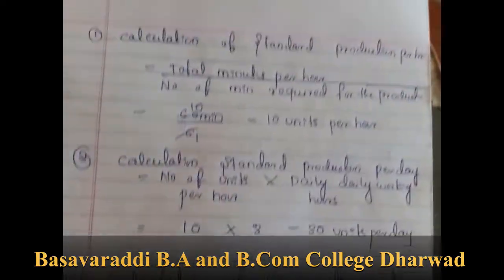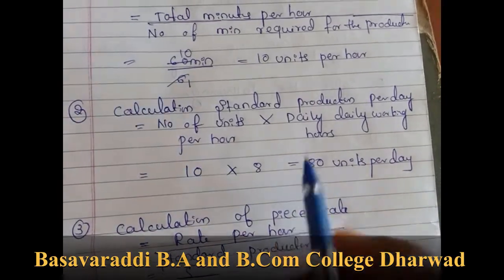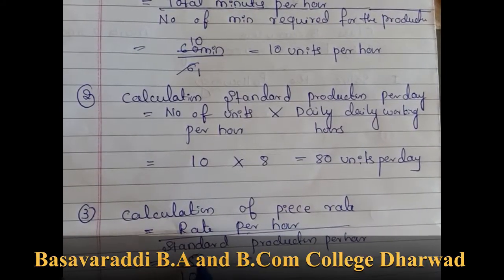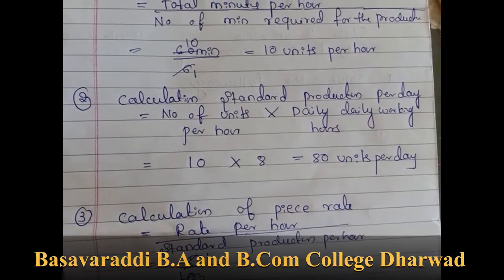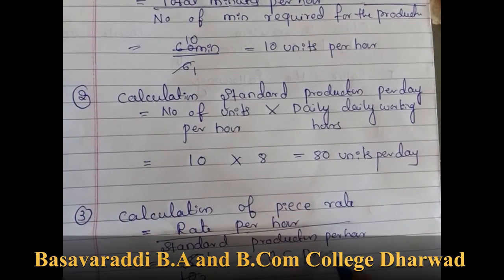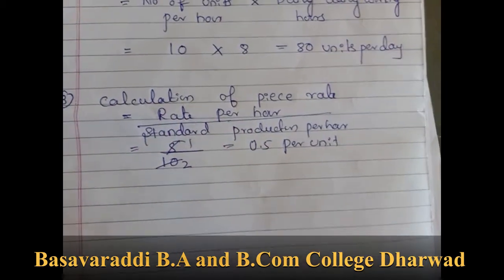Rate per hour is 5. 5 divided by standard production per hour, which is 10. 5 ones are 5, 5 twos are 10, so 0.5 per unit.